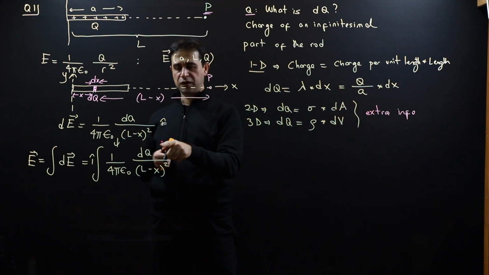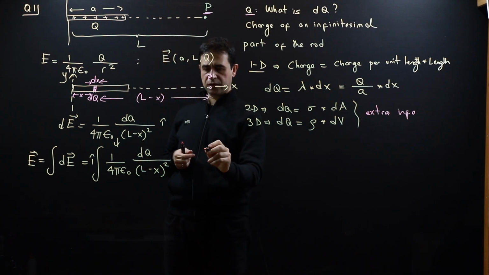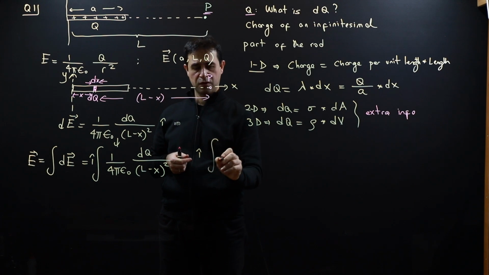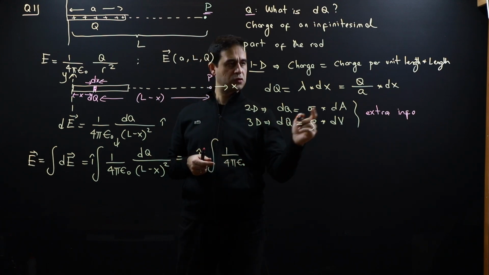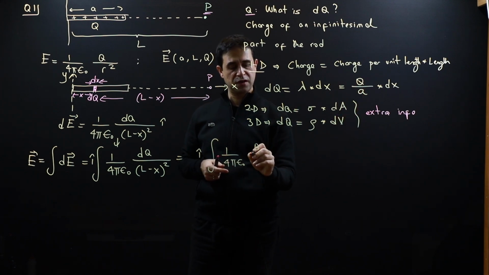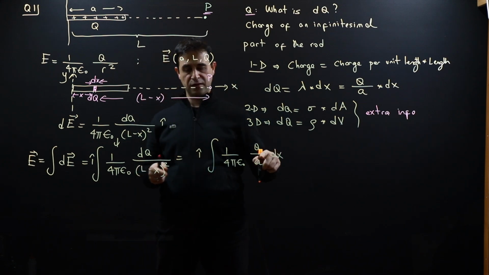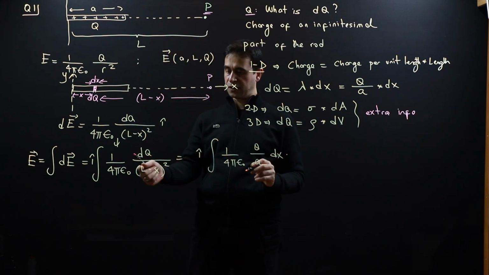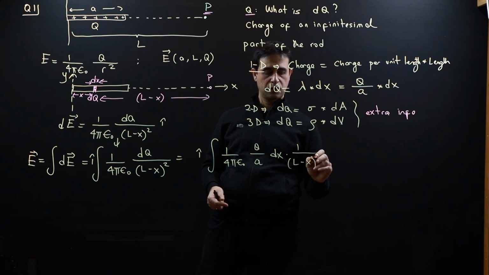So instead of dq here, I can write this as the integral of 1 over 4 pi epsilon 0. Instead of dq, I'm going to replace that by q divided by a times dx. And that's dq, and I still have another term in here, right? 1 over L minus x squared.